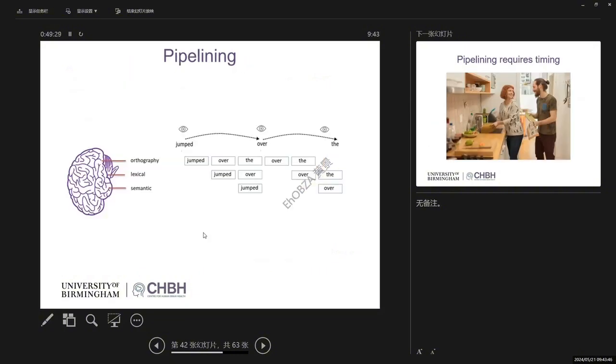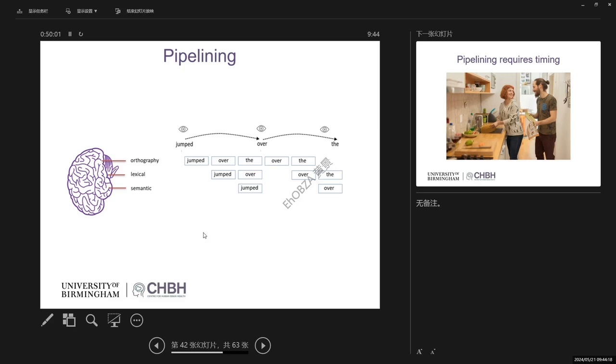So in terms of word processing, what we think is going on is that the word jumped, you fixate on that. So the word jumped is being processed for orthography first in the visual word form area, and slightly later for semantics, right? So I should actually move this line to the left inferior frontal gyrus. Anyhow, the word jumped is passing through the processing hierarchy.